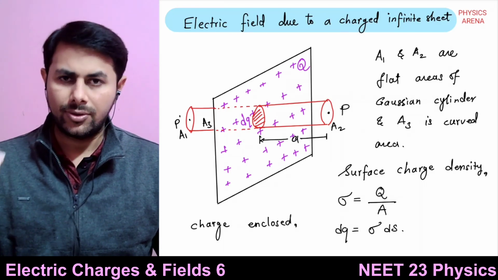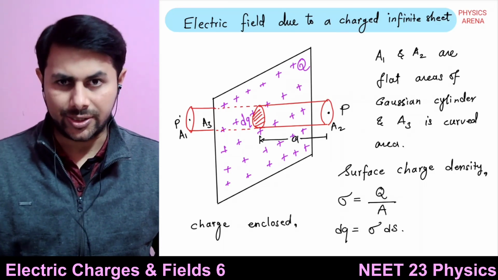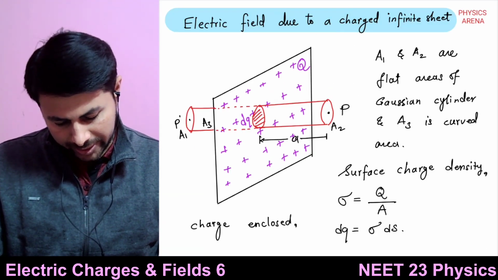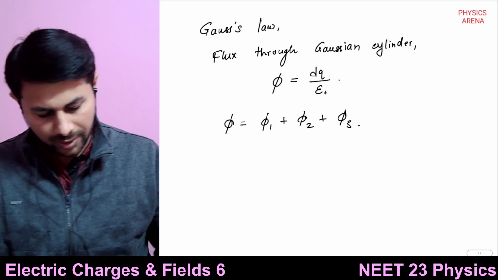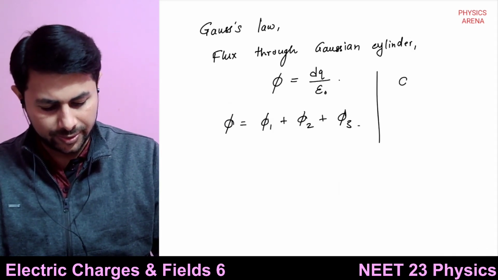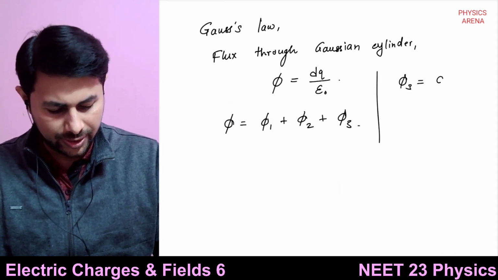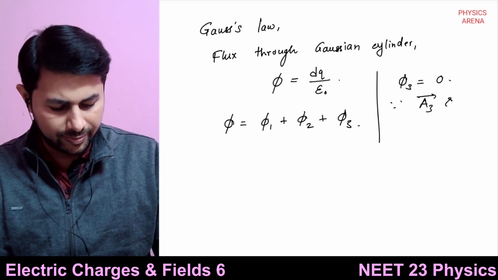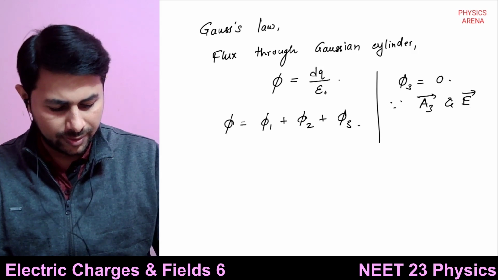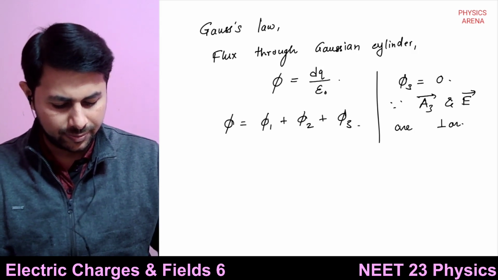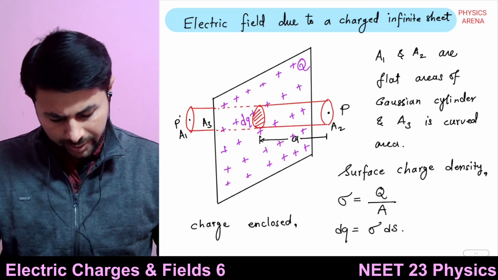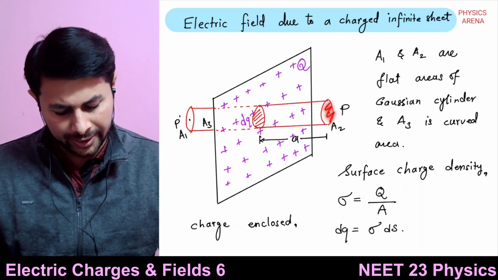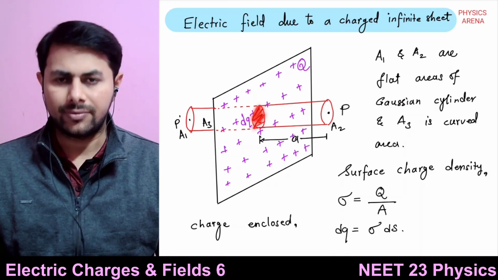So no field lines pass through the curved region, and phi 3 is equal to 0 since A3 bar and E bar are perpendicular.